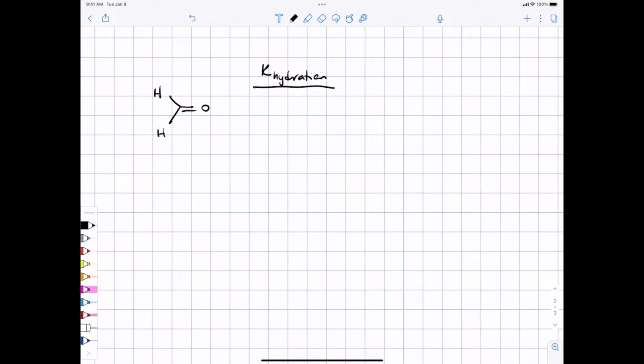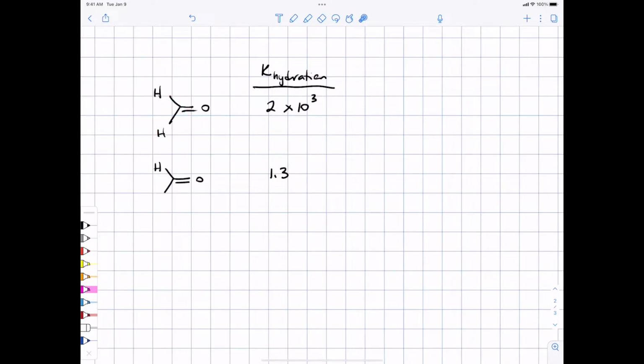The precise numbers aren't important, but the lessons you can learn about reactivity of carbonyl compounds are pretty useful. So the equilibrium constant is 10 to the third for formaldehyde. If you add a methyl group, it becomes 1, or about 50-50.